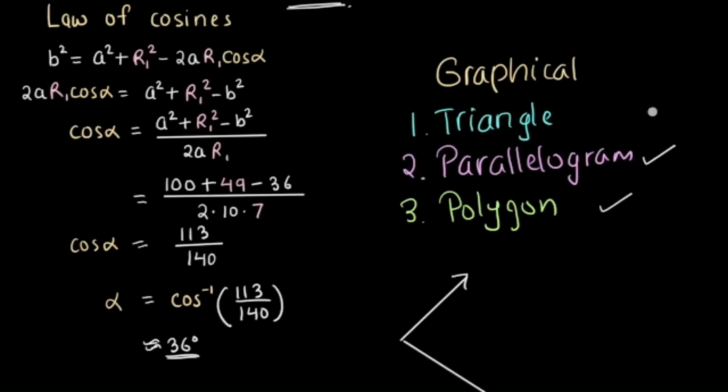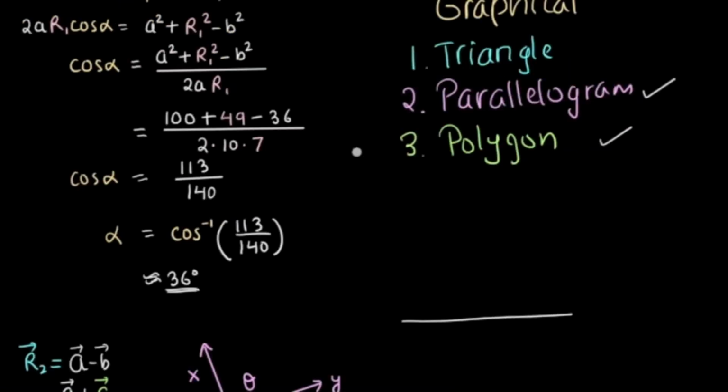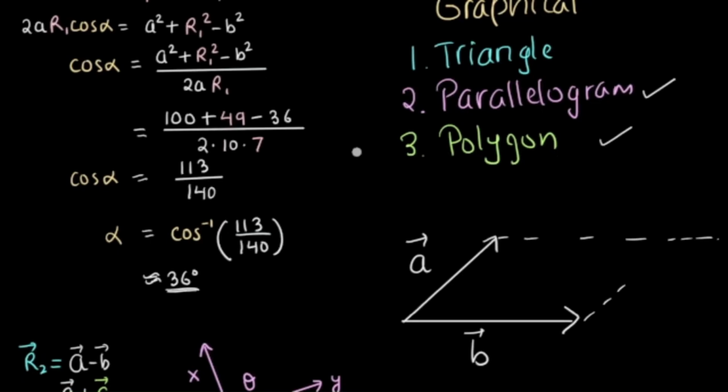In the parallelogram law of vector addition, if we have 2 vectors, something like this, vector A and vector B, then to get the resultant of the sum of these 2 vectors, here, this is vector R.